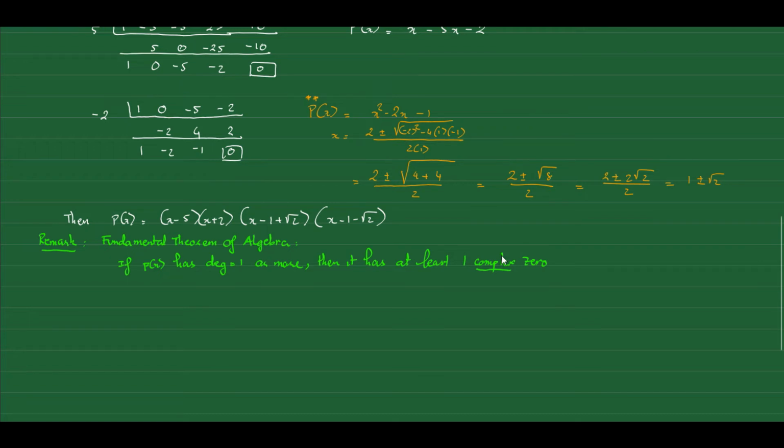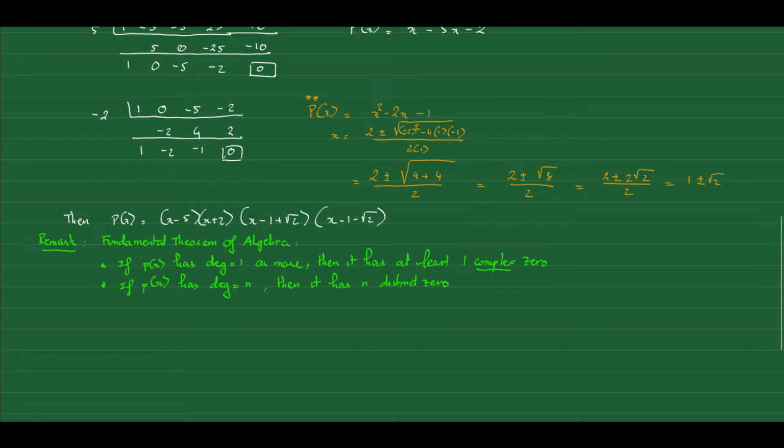Besides, he also says that if the polynomial has degree n, then it has n distinct zeros.